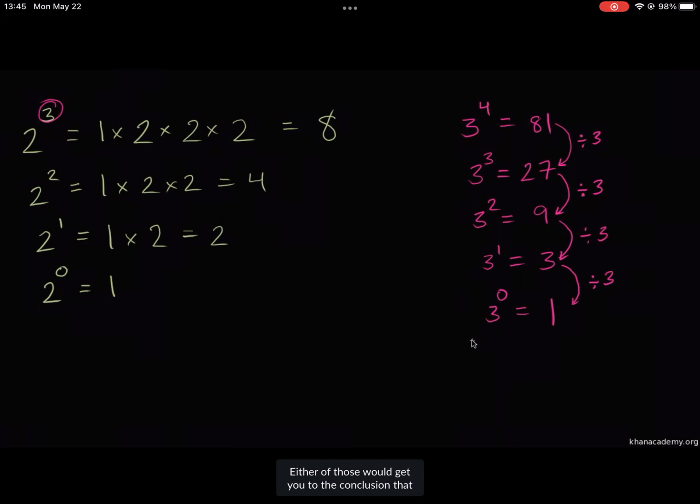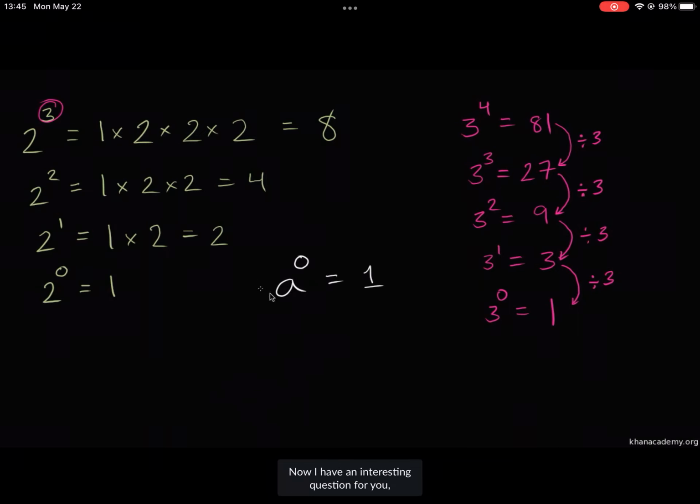Either of those gets you to the conclusion that 2 to the 0 power is 1, or 3 to the 0 power is 1, or frankly, any number to the 0 power is 1. So if I have some number a to the 0 power, this is going to be equal to 1.